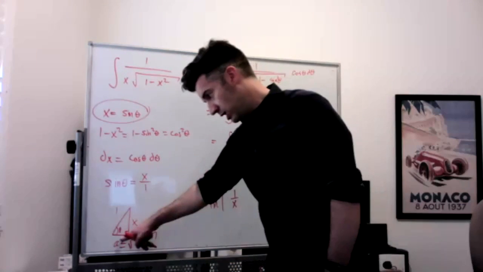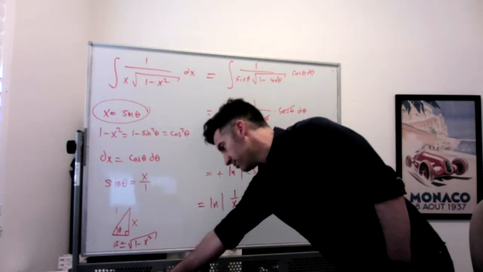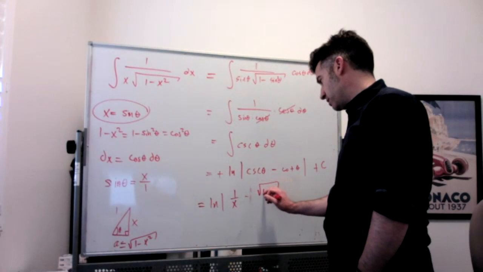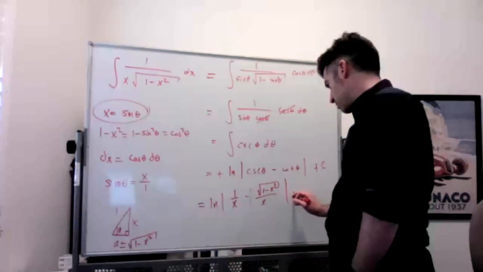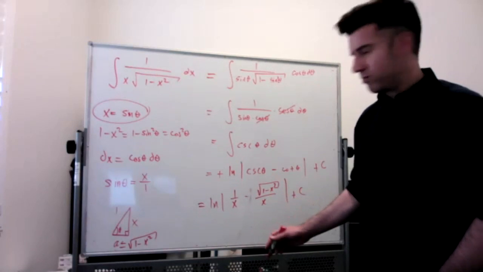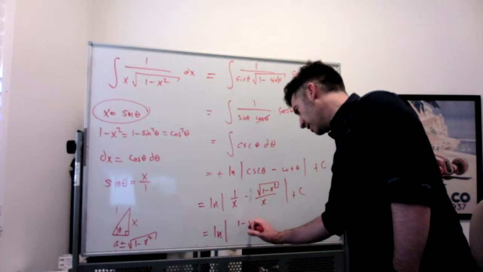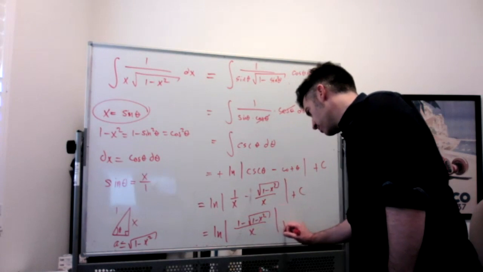So it's going to be the adjacent over the opposite, which is, sorry, minus. The adjacent side is the square root of 1 minus x squared. The opposite side is x. And then someone would probably rewrite this as the natural log of the absolute value of 1 minus the square root of 1 minus x squared all over x.